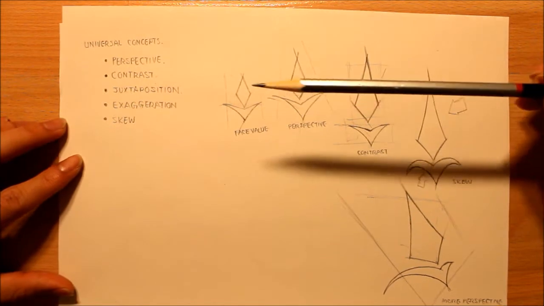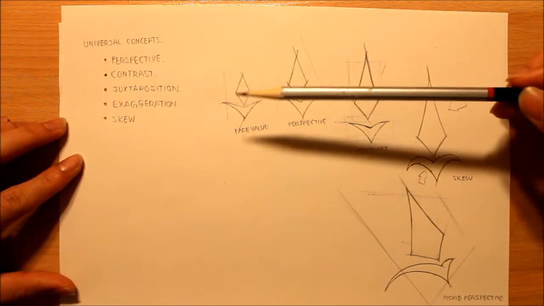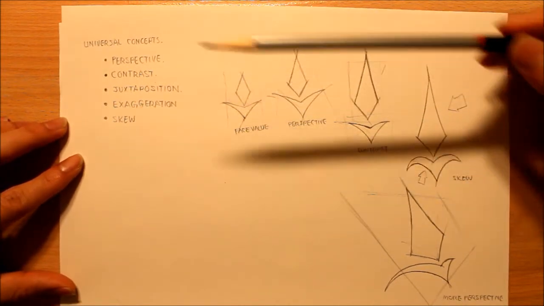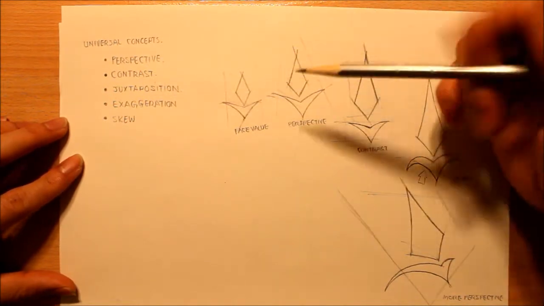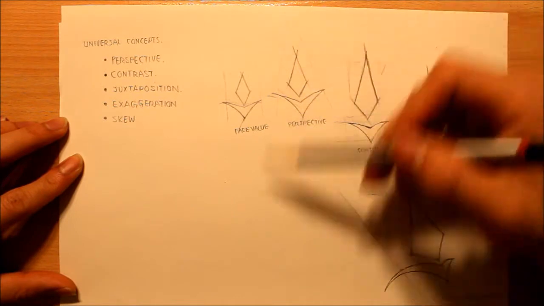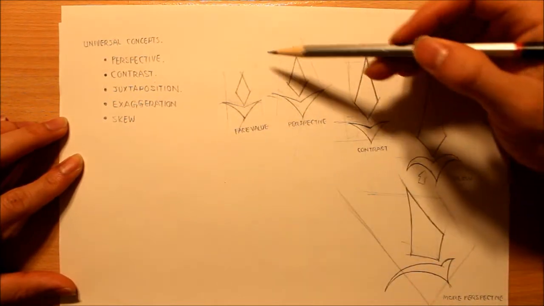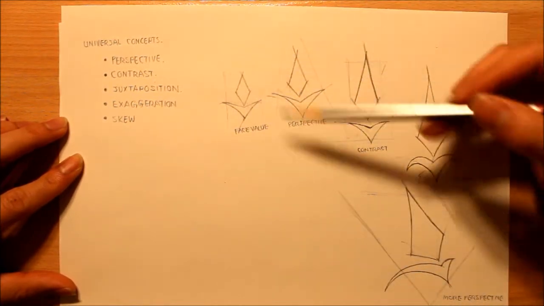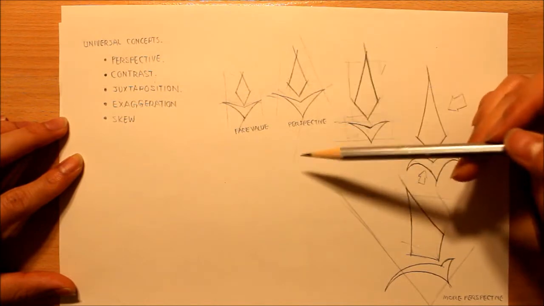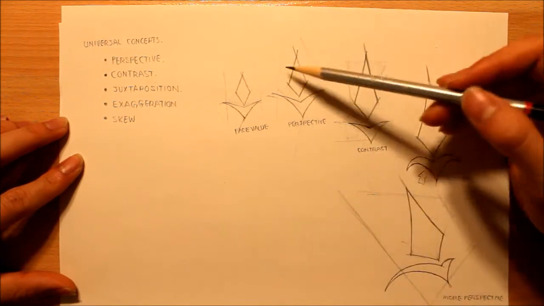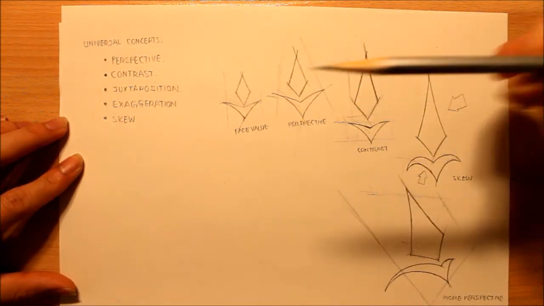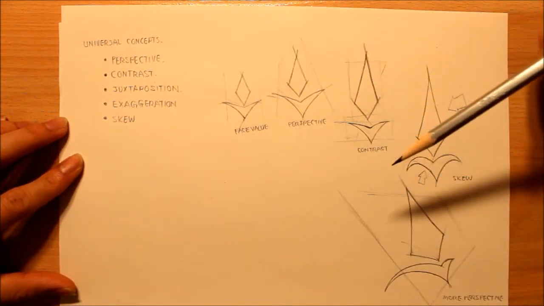So what you want to do at this point for any graphic is, first of all, apply perspective to it. You might be able to see here we have perspective, so it's coming inwards instead of being seen at face value. Not a huge change just yet, but it's a light perspective applied to it. From there, you can apply contrast.